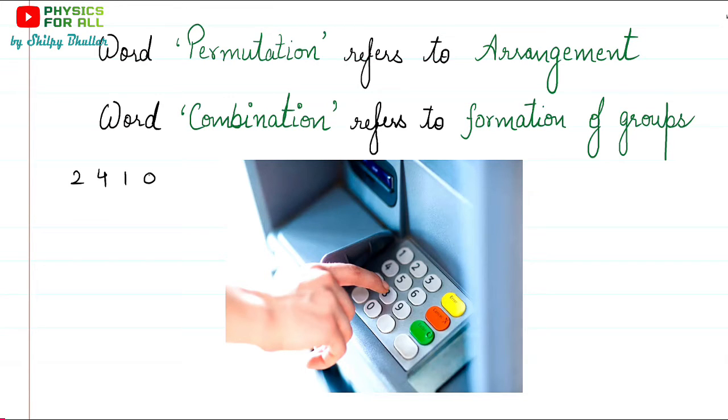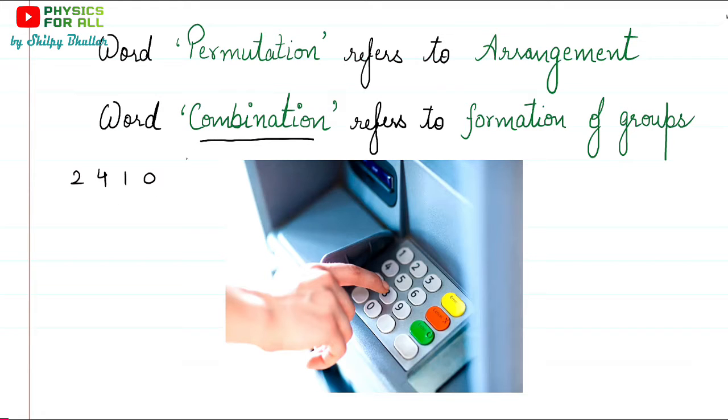The person has only told the digits which are in his ATM pin, but he has not told the exact pin. He has only told the digits involved. So he has told basically the combination. It's just a group of 4 numbers.